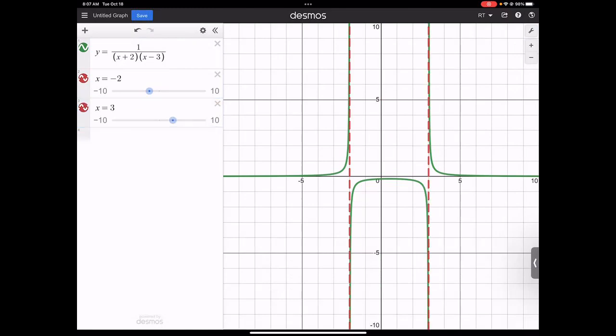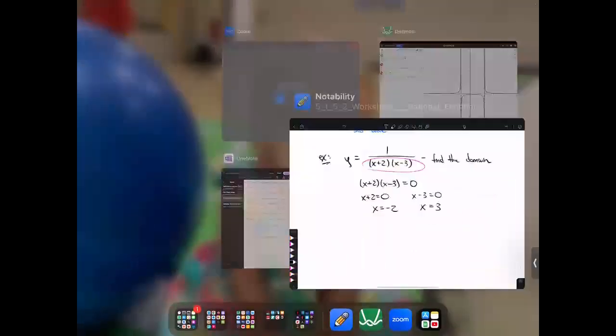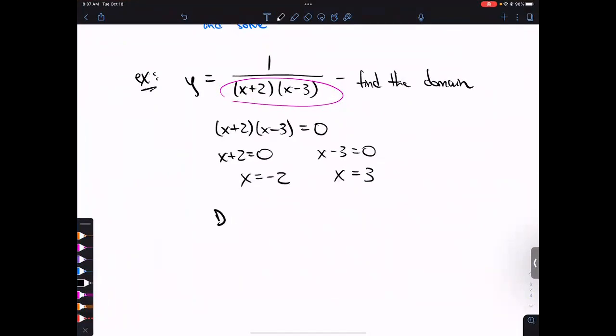You get these clean vertical breaks in the graph, right? You can picture a vertical line that the graph kind of hooks into. We call those asymptotes. So the domain of this function would be everything except those 2 points.